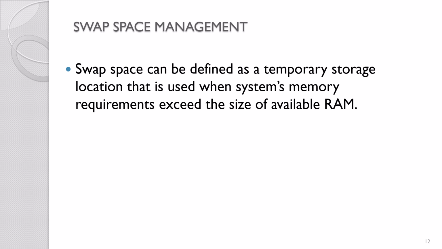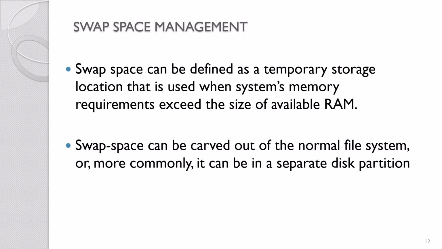You can swap them out to some type of partition on your hard disk to temporarily store the data, and then it can be swapped back in. We called it the medium-term scheduler, or the swapper, back when we were talking about scheduling.